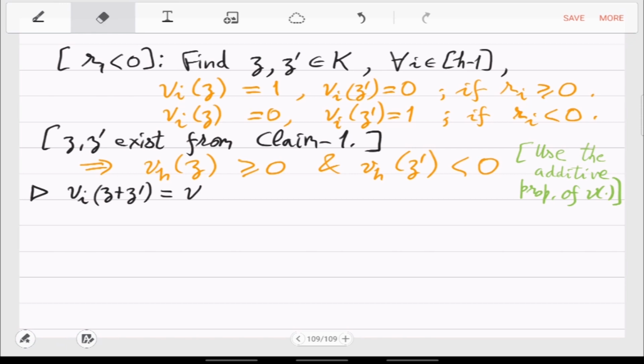Sorry, I should have said what I is. I'm thinking of I equal to H. No, I want I from 1 to H minus 1. I'm looking at this.